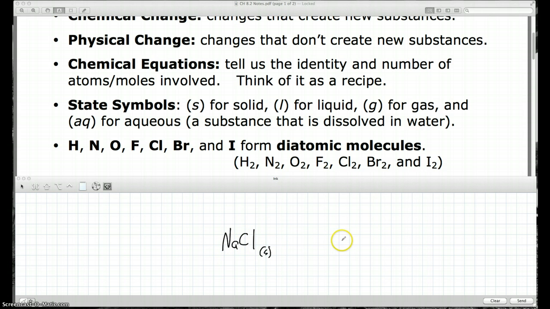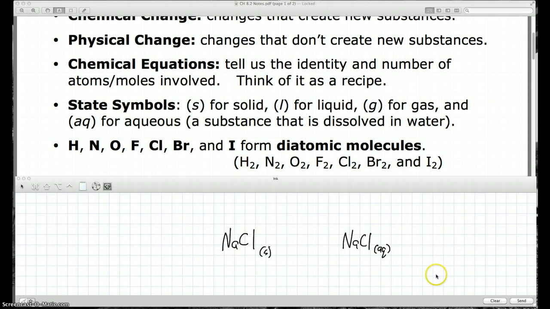Now, if I take that salt and I put it in water, I would write that differently. I would write NaCl(aq), and that aq tells everybody that this stuff is dissolved in water. So NaCl with the aq after it is a fancy way of writing salt water, because that's what this is. It's salt dissolved in water.